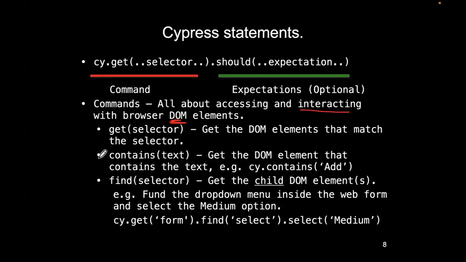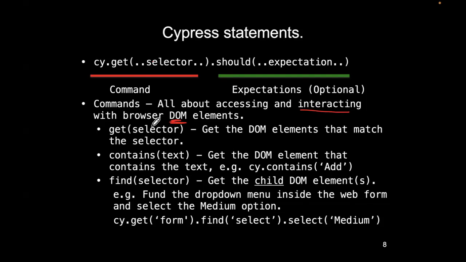I'm just giving you some examples of the various commands that are available to us. So there's the get command, which we've seen already. The argument to the get command is a selector. A selector is a way of specifying what elements within the page you are looking for. I have a slide on selectors in a while.